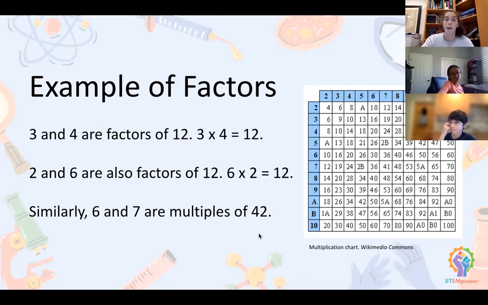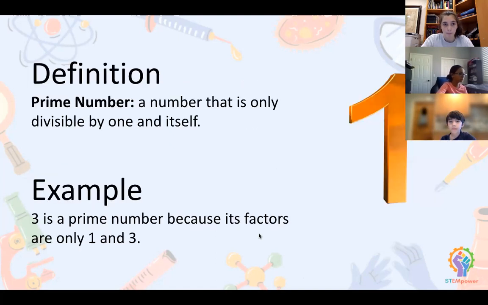So today we're going to learn about a bunch of the rules to easily find which factors are able to go into every number. Before we start, there are such things called prime numbers. A prime number is a number that's only divisible by 1 and itself.